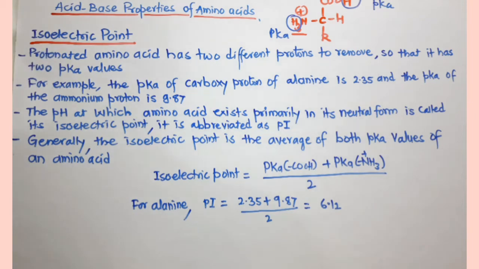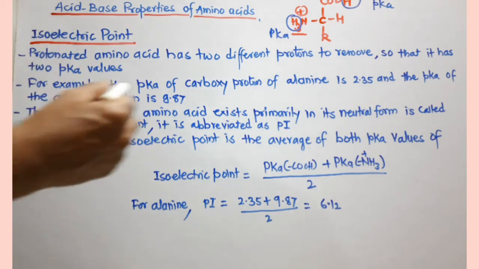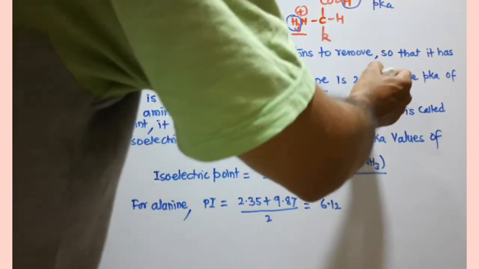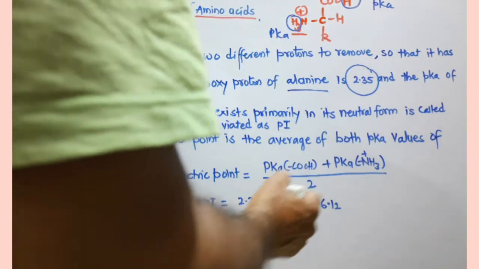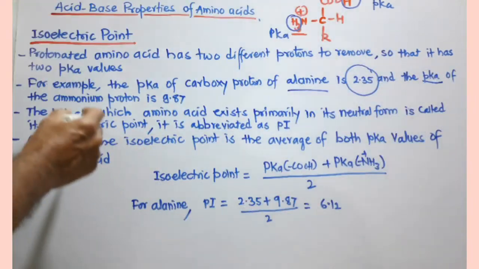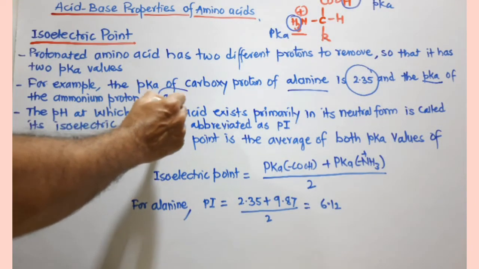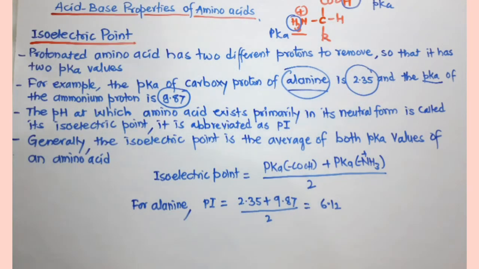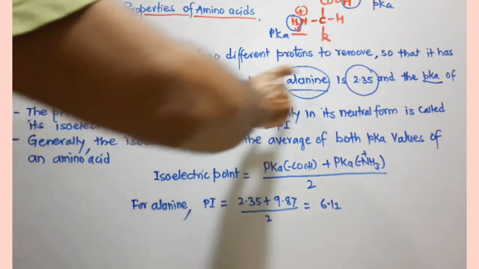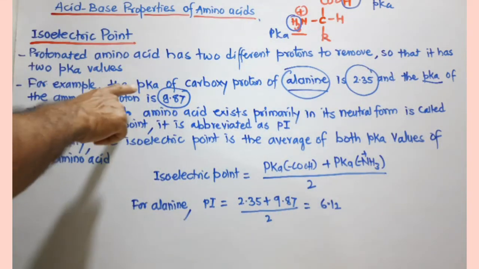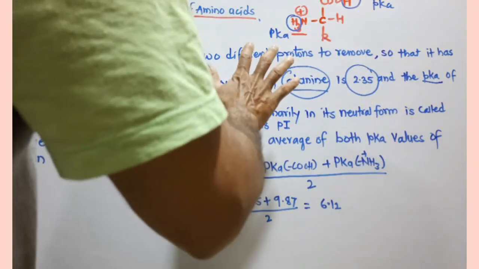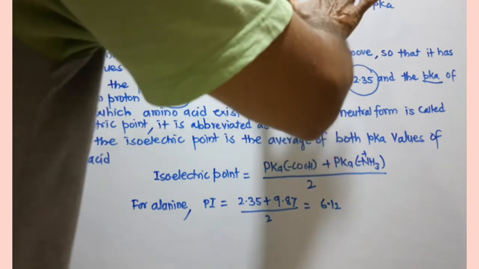For example, the pKa value of the carboxyl proton in the case of alanine, when we replace R with CH3, is 2.35, and the pKa value of the ammonium proton is 9.87. There are 20 amino acids, and all of them have different pKa values.